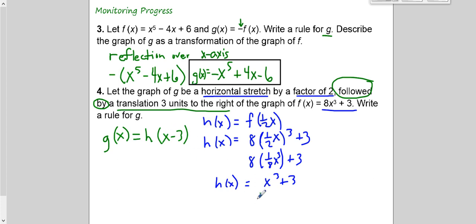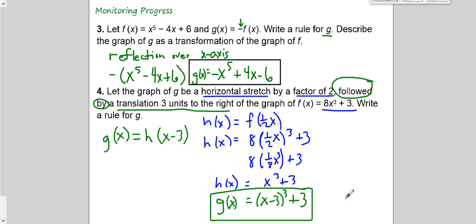So replace x with x minus 3. We are going to leave it just like that for our final answer. We could use Pascal's triangle and expand this, or multiply it the long way, x minus 3 times x minus 3, get an answer, and multiply by x minus 3 again. But we're going to leave it just like this.